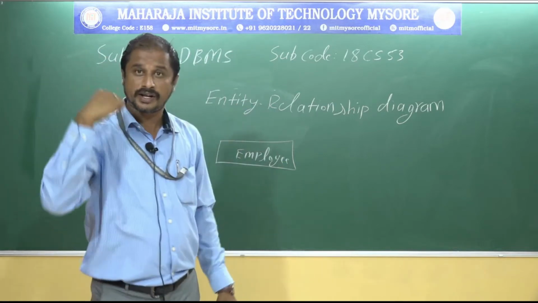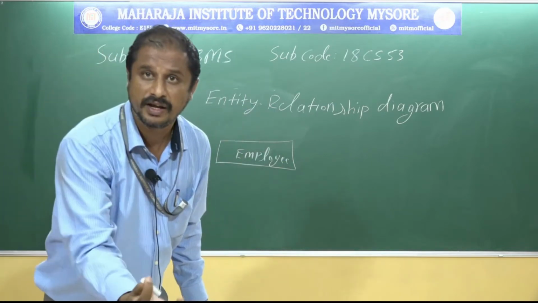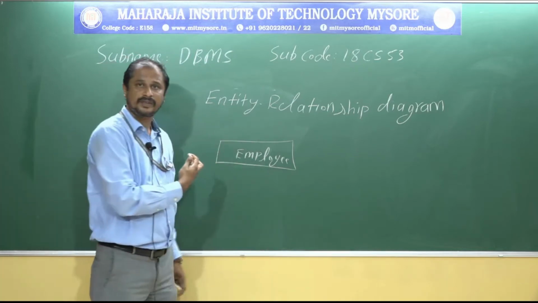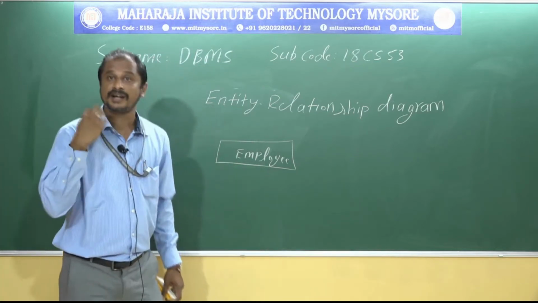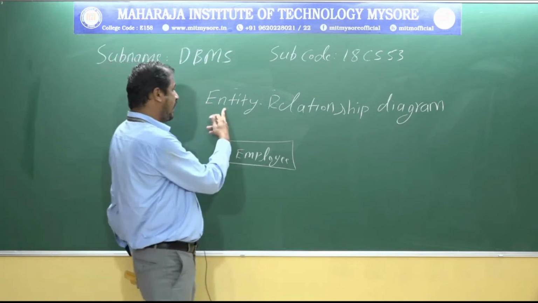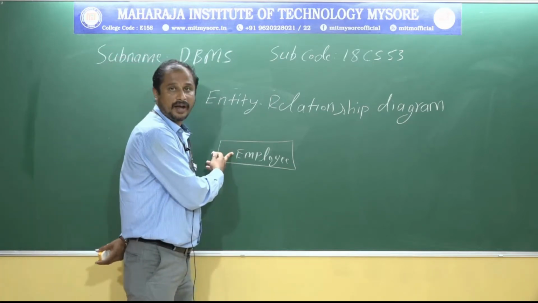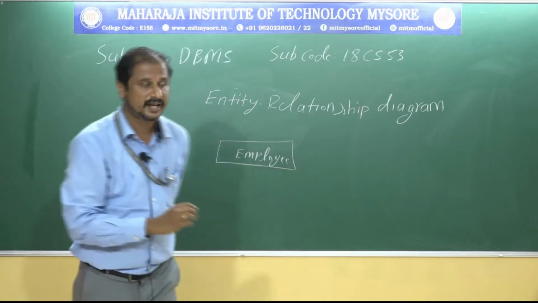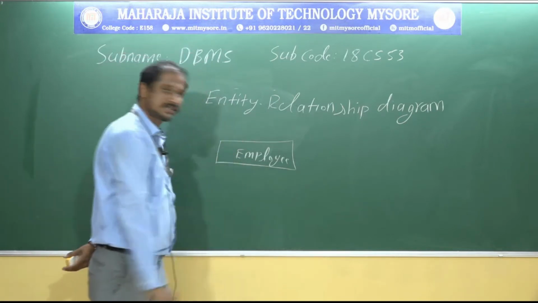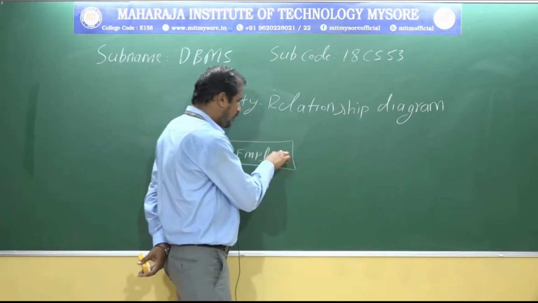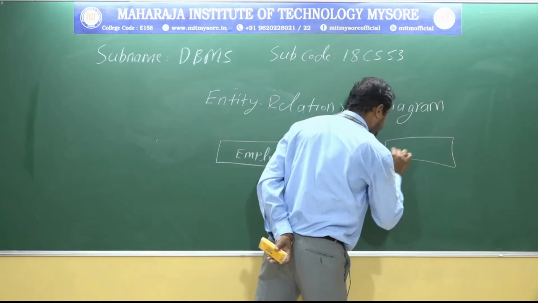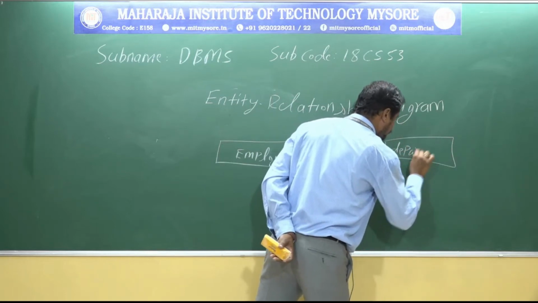When you go for the creation of tables, talking about DDL or DML, we can say that employee is an entity and employee is a table. The entity is employee, and the database is the company database. The company has employees and the company has departments.